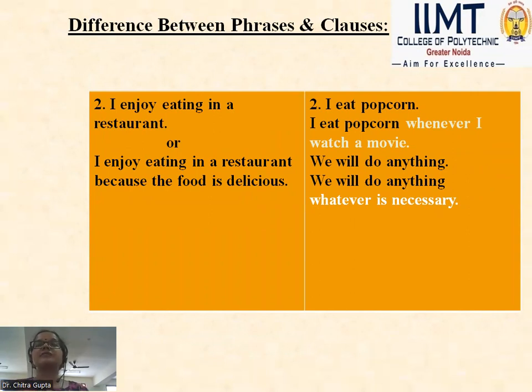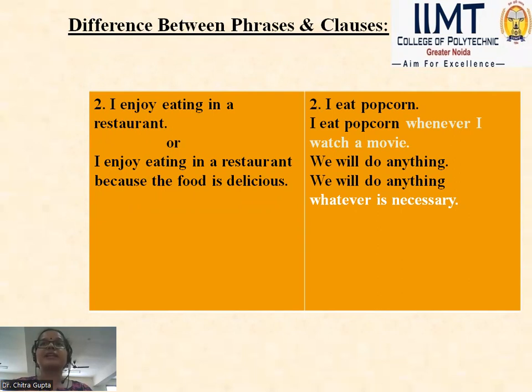On the other hand, for the dependent clause, I eat popcorn. This sentence alone does not make any sense. The subordinate clause has to be added to make a meaningful sentence. I eat popcorn whenever I watch a movie. Now this sentence is complete.